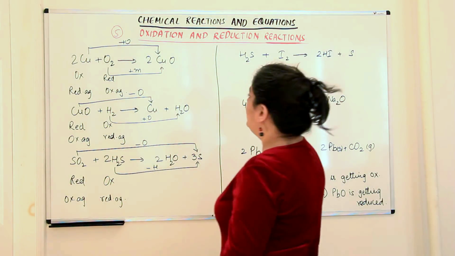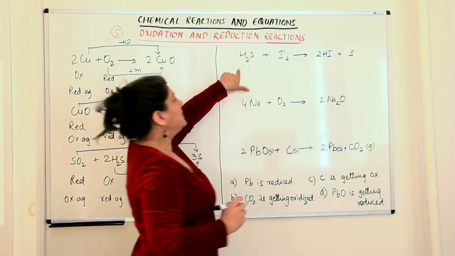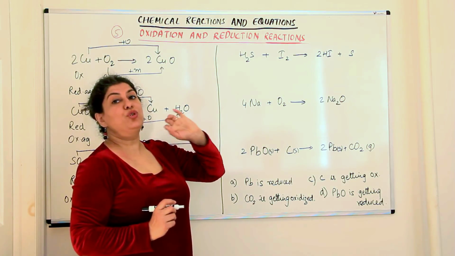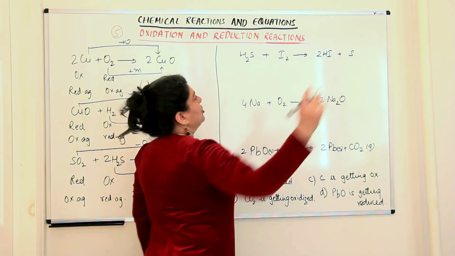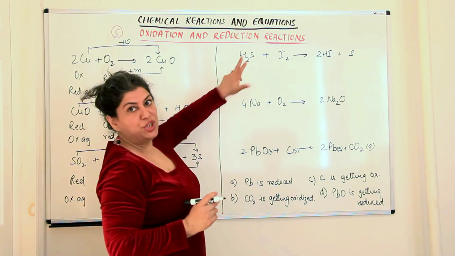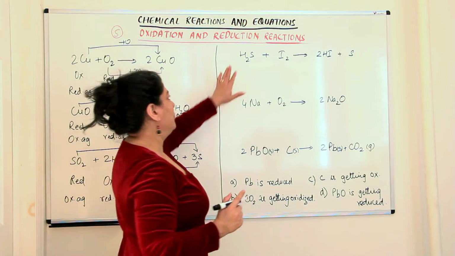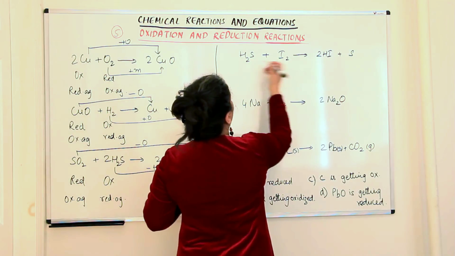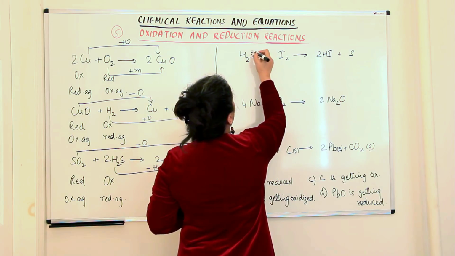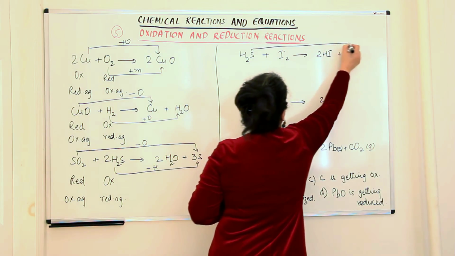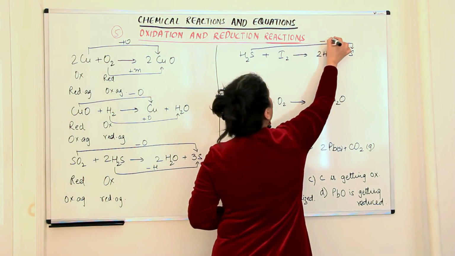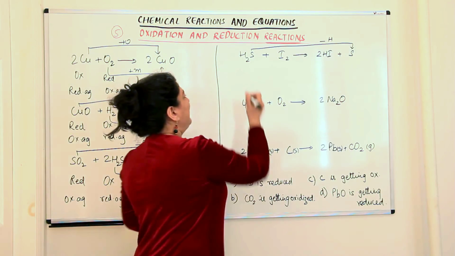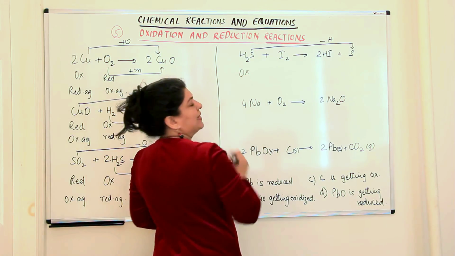The next equation is H2S plus iodine gives you 2HI plus sulfur. Now, there is no oxygen, so we are dealing with hydrogen. Which definition are we handling here? Hydrogen. So move with sulfur. Where did sulfur go? H2S formed S. So what happened? There was a loss of hydrogen. Loss of hydrogen means it is getting oxidized.